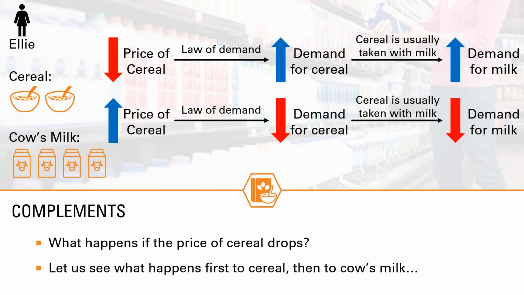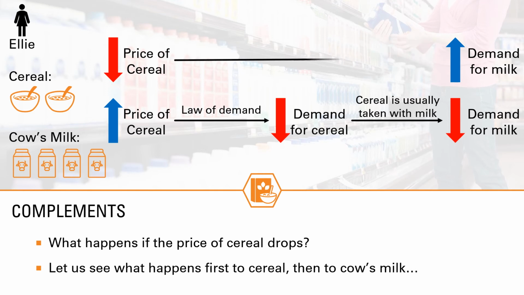And the reverse also, if we do the reverse, so what happens when the price of cereal increases, the signs flip, okay? Because again, law of demand, price of cereal increases, therefore demand for cereal decreases. And because we take cereal with milk, you'll be a bit more hesitant to buy milk because you now have less cereal. Okay? I hope that's clear.